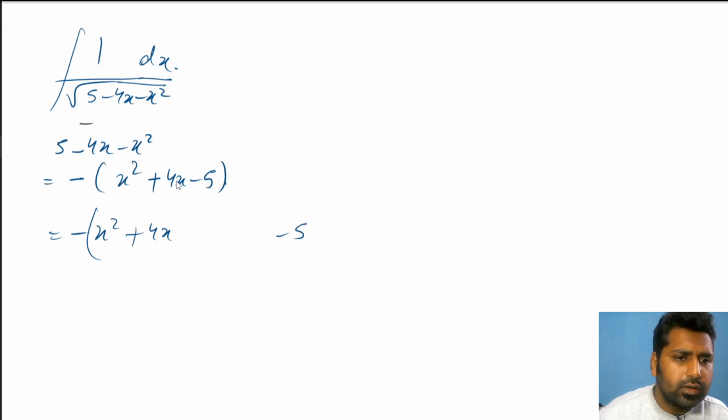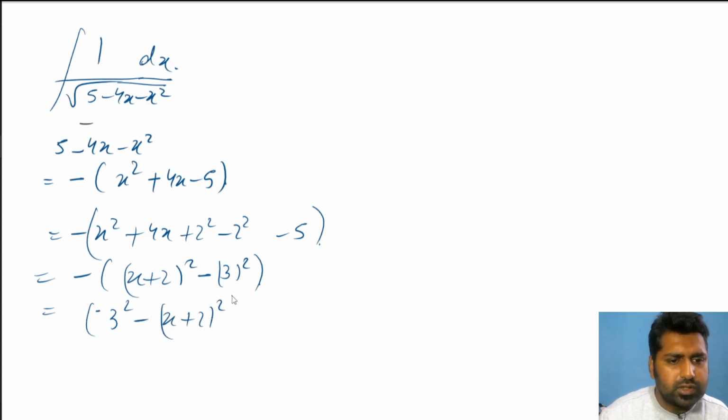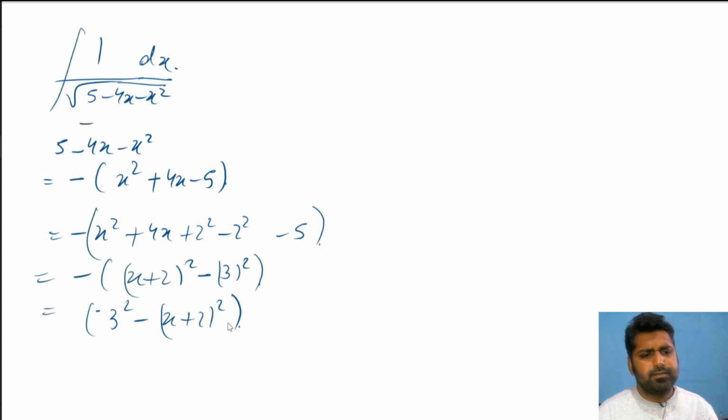Half of 4 is 2, so plus 2 square minus 2 square. So minus of this becomes x plus 2 whole square minus 4 minus 5, minus 9, so minus 3 square. Now let's multiply this negative inside, so it will change the order. So that will be 3 square minus x plus 2 whole square. That's it.